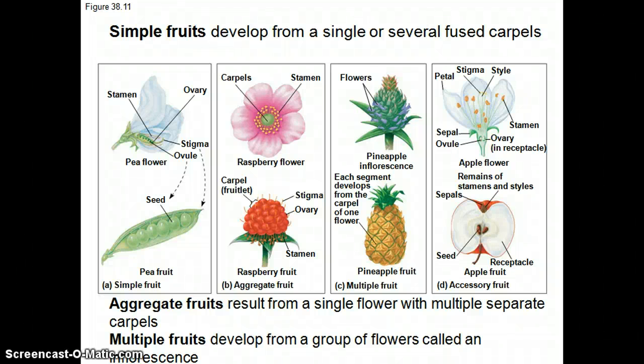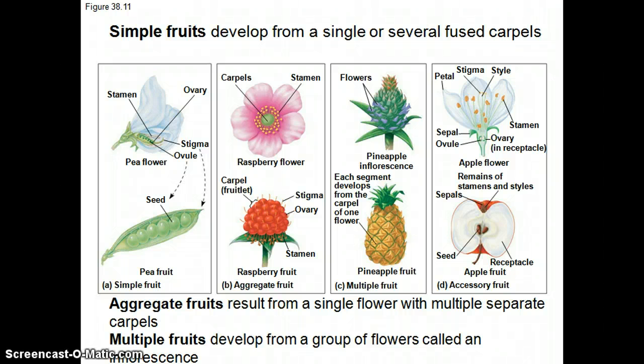So we left off here with chapter 38.1 talking about fruit development. And so we talked about the fact that the type of fruit that the seed will be enclosed in depends on what type of flower the seed came from.